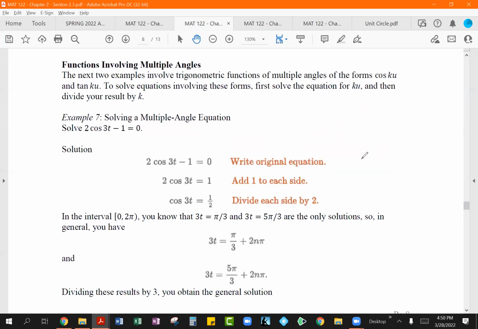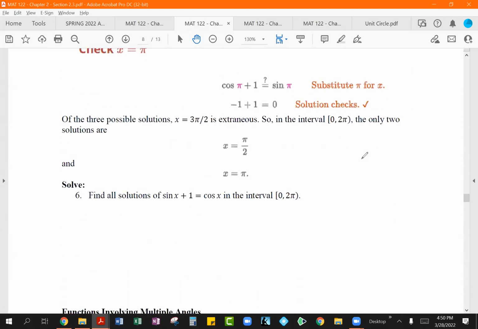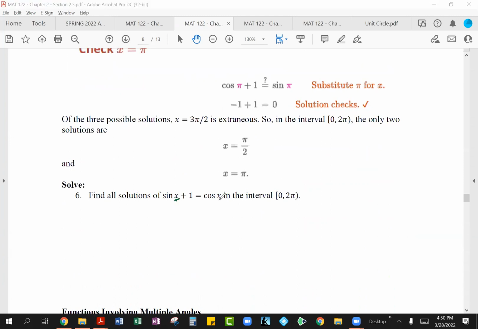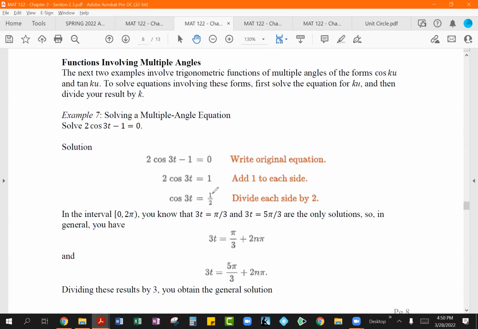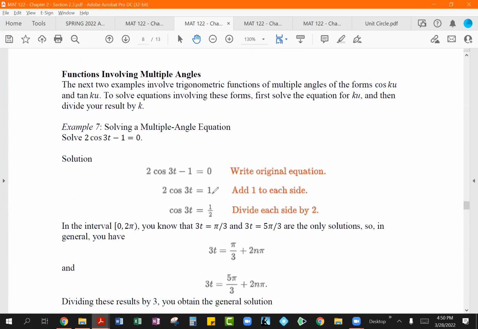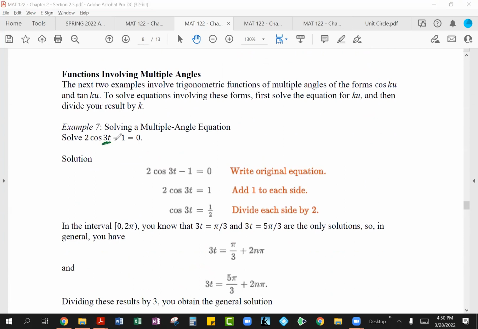Alrighty, so these next examples, we're actually getting into multiple angles. So far, in all the examples that you saw, you just had sine of x or cosine of x, right? With these examples, you will actually see you have something like 3t or 3x. It's not just the variable t by itself, it's got a number in front of it.